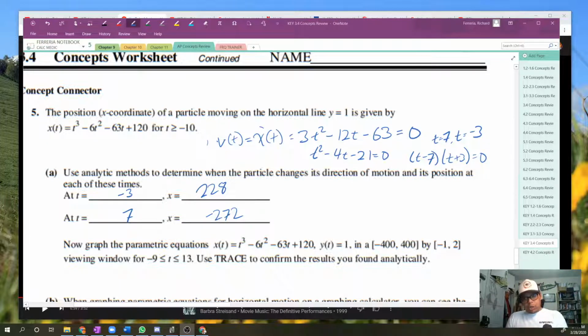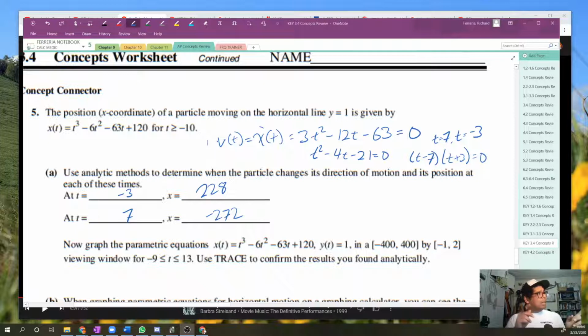One thing that we should be aware of is that since t equals negative 3 and t equals 7 are both places where the velocity is equal to 0, those are also candidates for the leftmost point and the rightmost point.